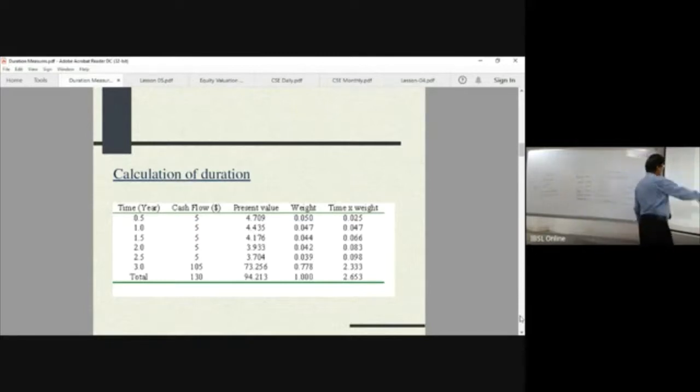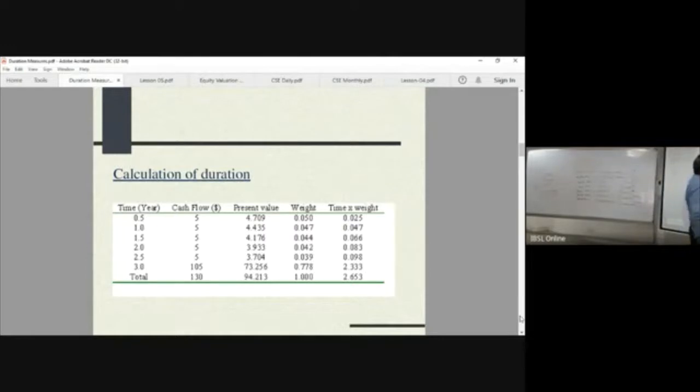Cash flows, since the coupon payment is 10%, half yearly cash flow is 5. Since it is a $100 bond, therefore $5 will be received as the coupon for each half year. Now the present value is taken as 4.709.